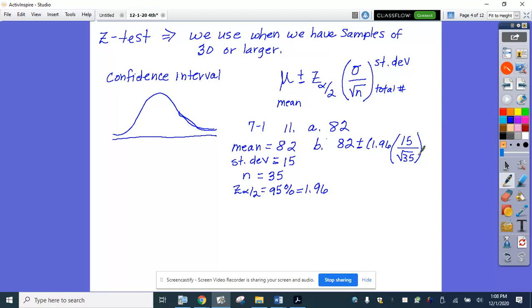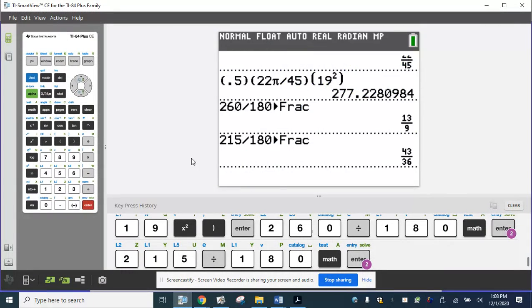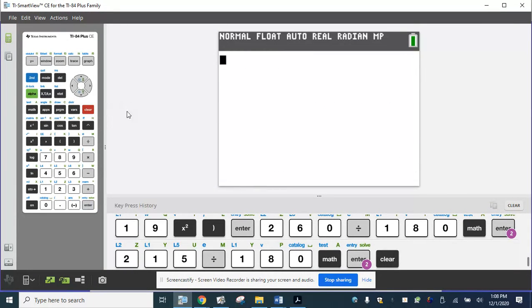Okay, so now here is where knowing how to use your calculator is an advantage to you. When you go to the calculator, and we'll clear this out, I'm going to type in my 82, and I'm going to start with minus, because minus is going to give me the left-hand part of my confidence interval. So I'm going to start with the minus.